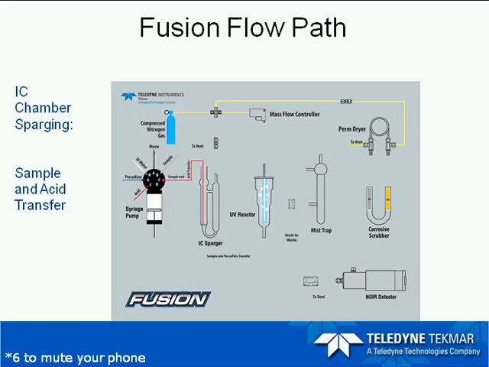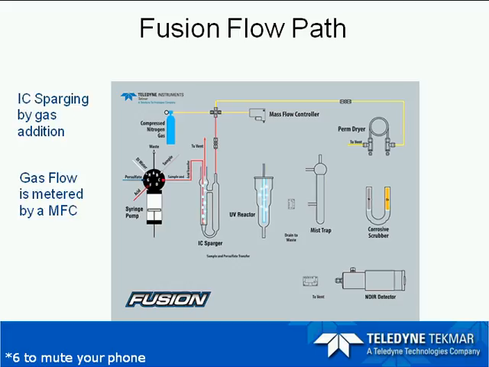This allows the inorganic carbon to be sparged out once we turn on the addition of the inert sparge gas. We prefer to use nitrogen with the fusion, but CO2-free air is also permissible.